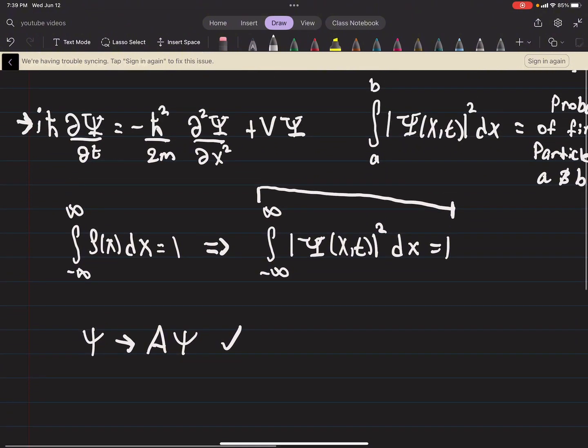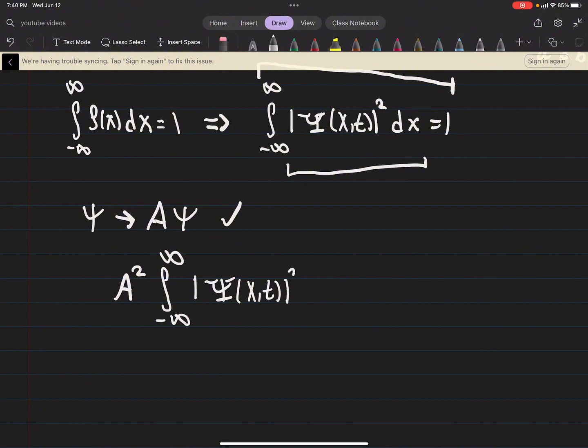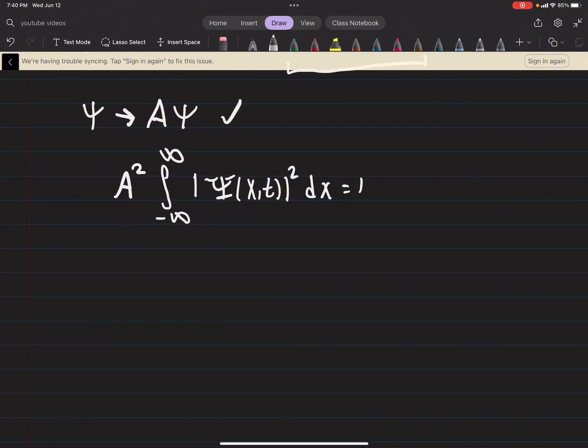And this equation essentially becomes A squared times the integral from minus infinity to positive infinity of the square of our wave function equals 1. Or if you'd like, A squared is 1 over the integral from minus infinity to positive infinity of this term here.